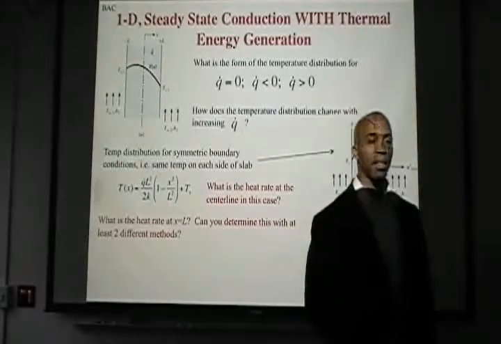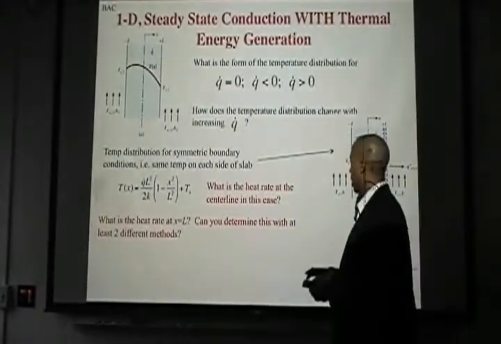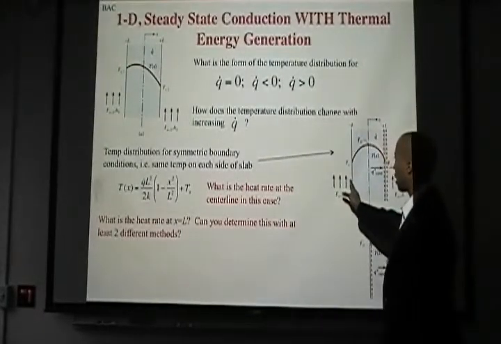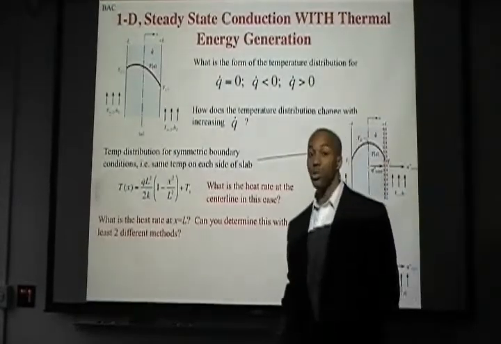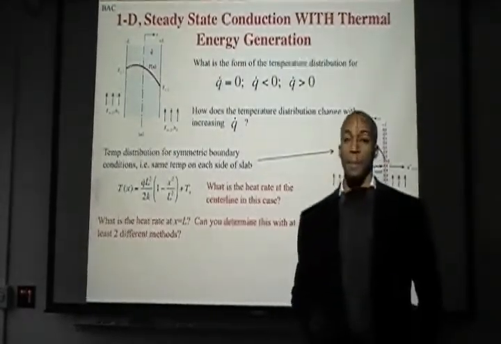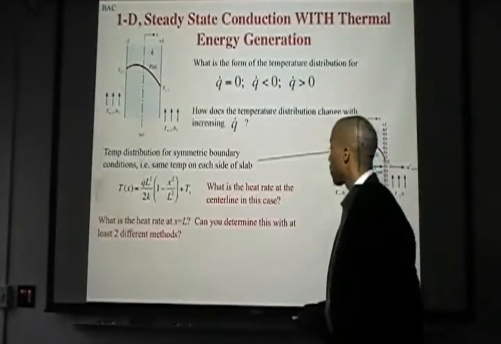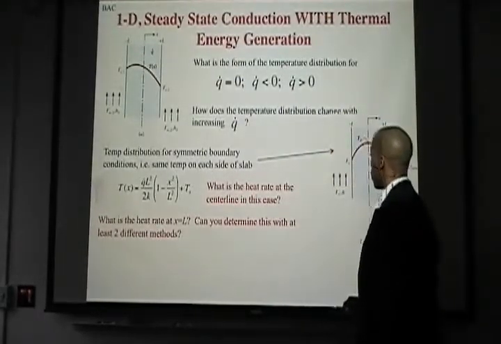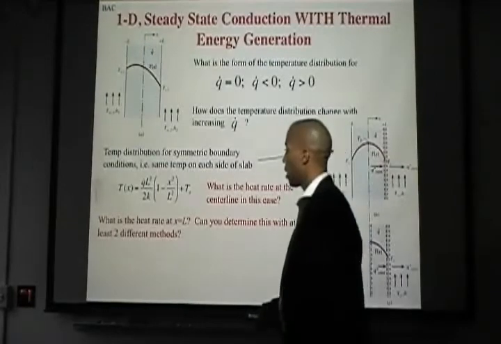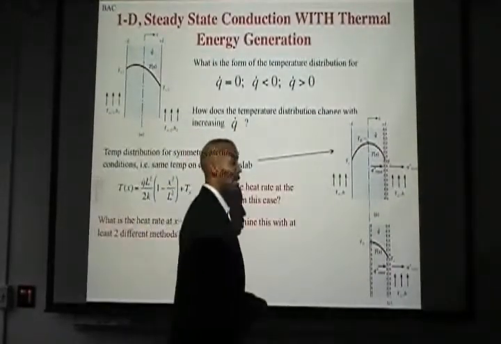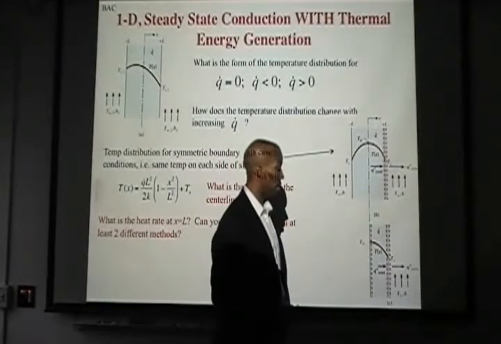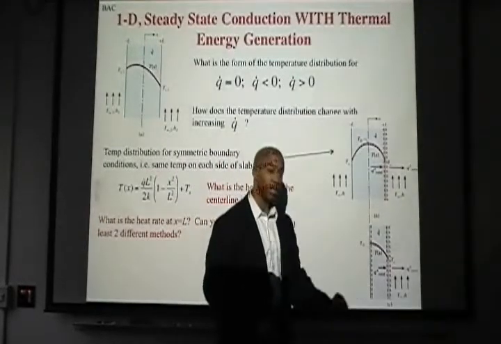So what about at the boundaries? What about the heat rate at x equals minus L and x equals L? Well, there's two ways we can determine this. One is to look at the system and divide it at its center line as such.